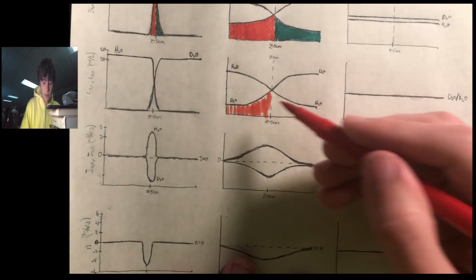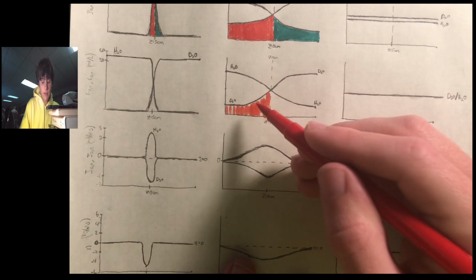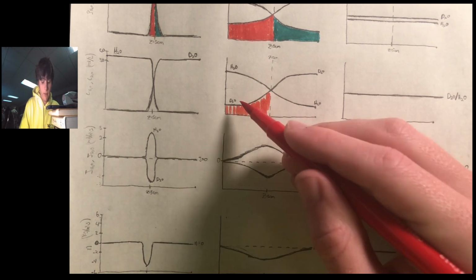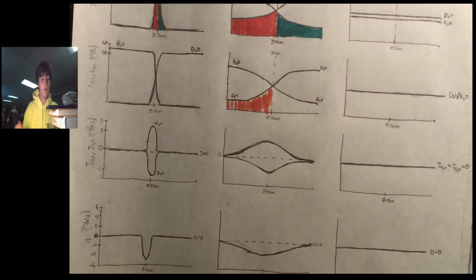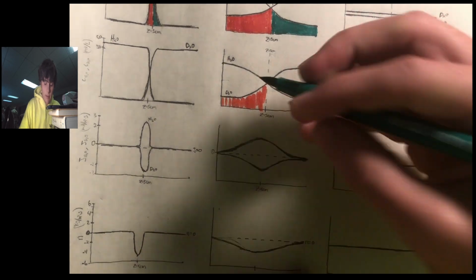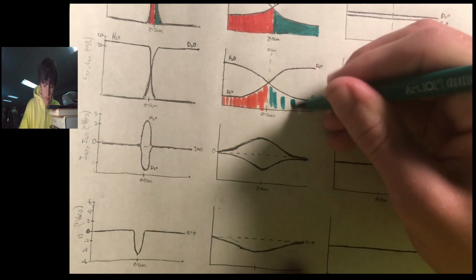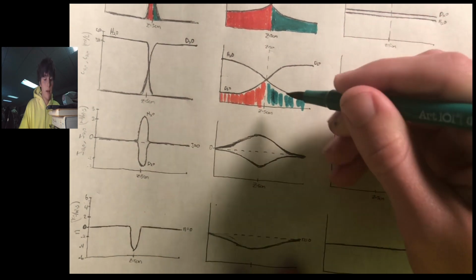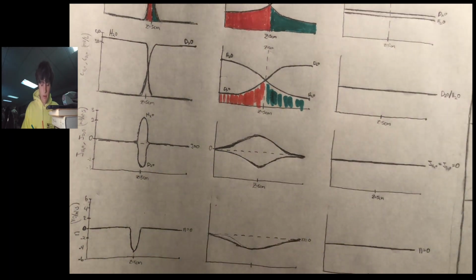And since that represents the total number of moles of heavy water that goes to the left, and the total molar flux is equal to 0, then that area right there must be equal to this area here, because this area here represents the number of moles of water that goes to the right-hand side. And we know that the number of moles of water that goes to the right-hand side is approximately equal to the number of moles of deuterated water that goes to the left-hand side.